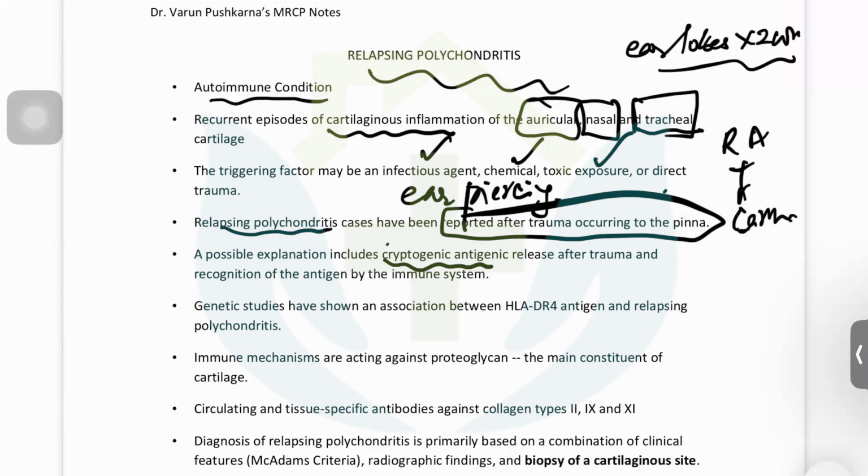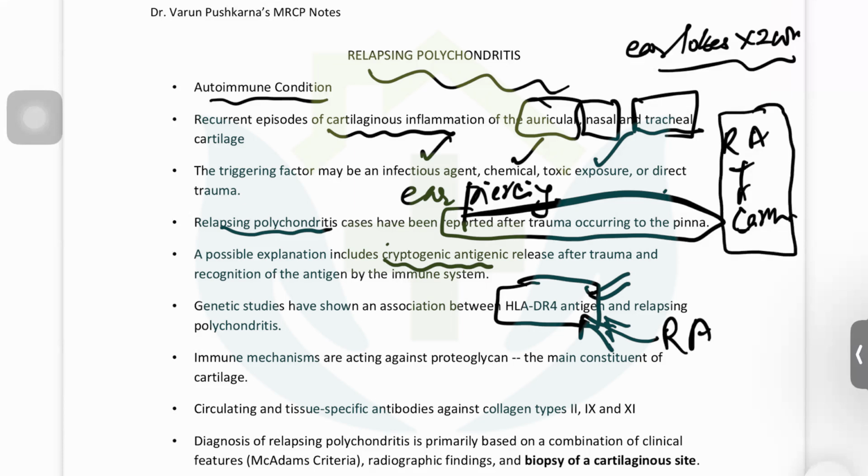This is why, although the piercing was done in the pinna, inflammation happens everywhere in the trachea, in the nose, and the sinuses. So there is an association of HLA-DR4. Any other condition associated with DR4? Rheumatoid arthritis. Exactly, this is why I always say rheumatoid arthritis and relapsing polychondritis, the name is RA and RP, and both of them are HLA-DR4 associated.